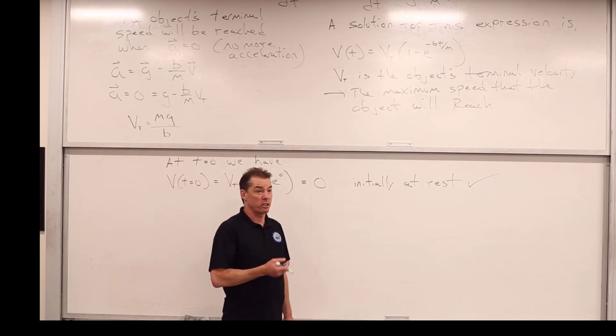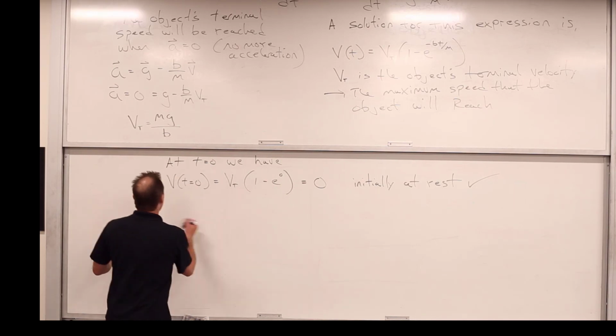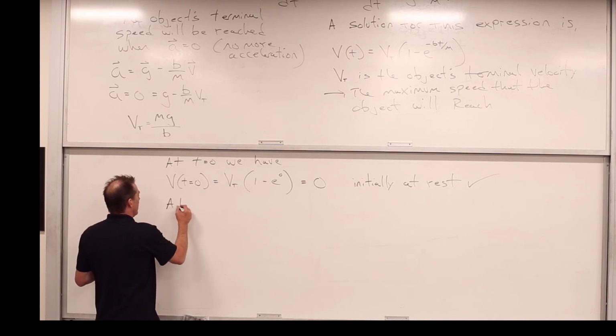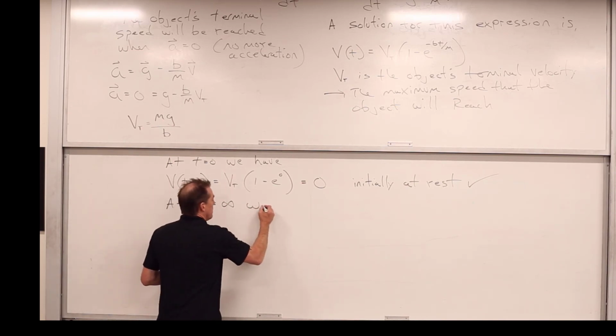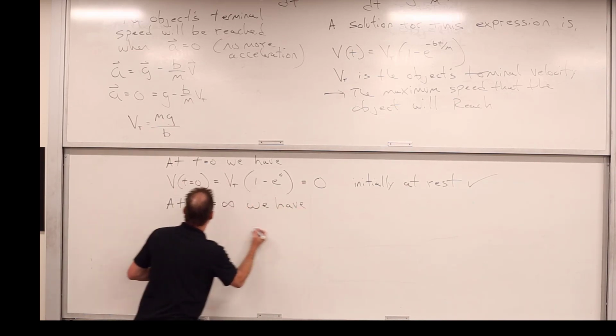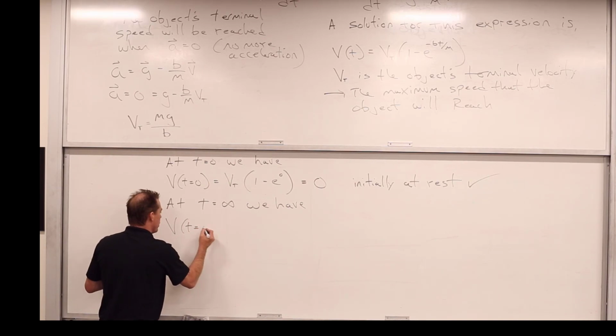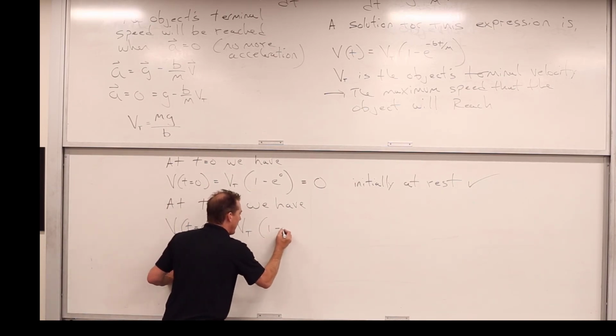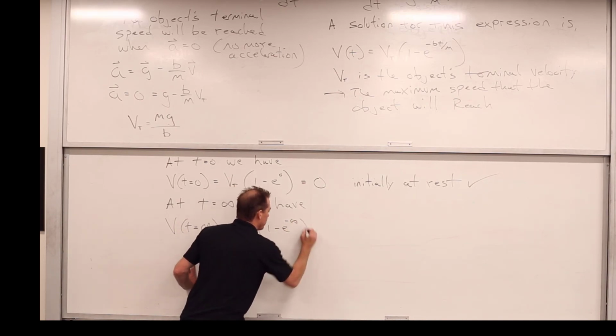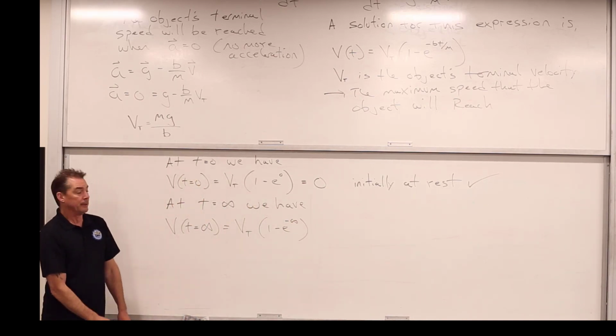Great. We've also got, after some amount of time, maybe a whole bunch of time, but that's relative, the object should be at its terminal speed, right? So we can look at t is equal to, hey, let's say infinity. Well, we have that v of t equals infinity is equal to v sub t times 1 minus e to the, well, we just put in negative infinity.